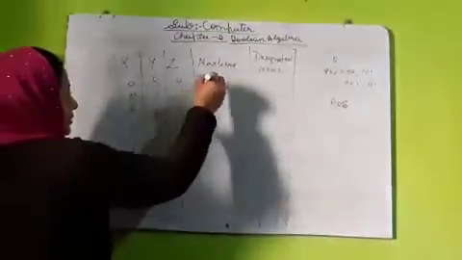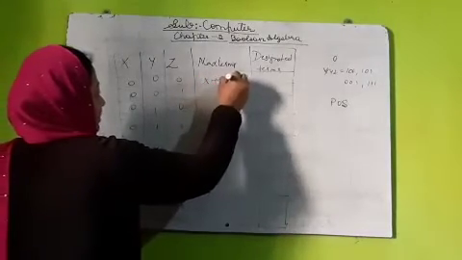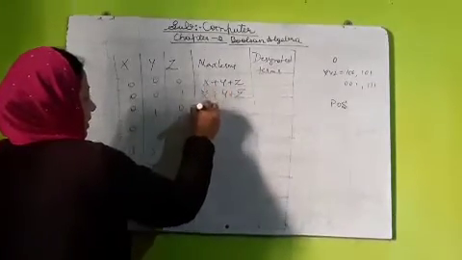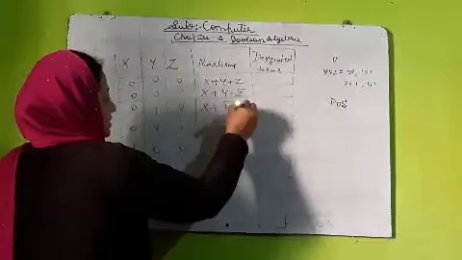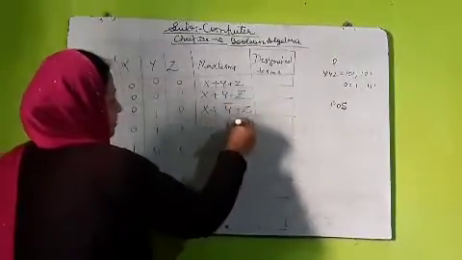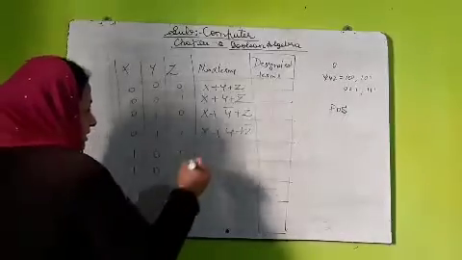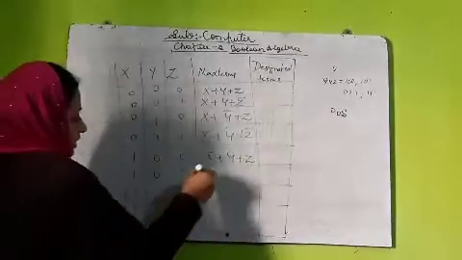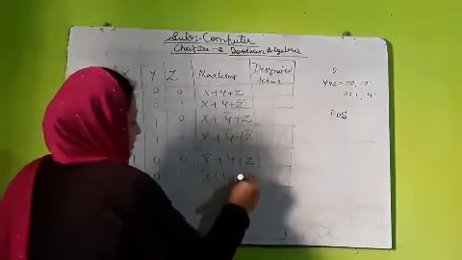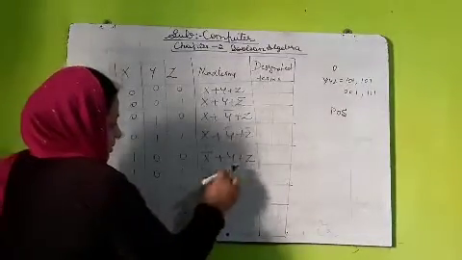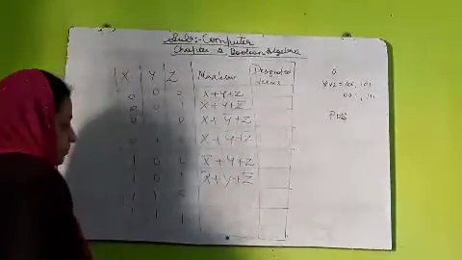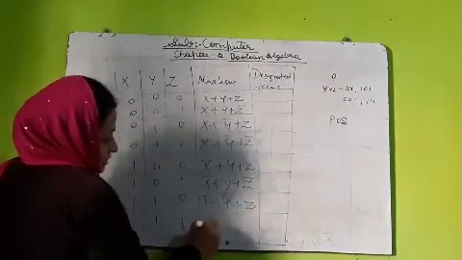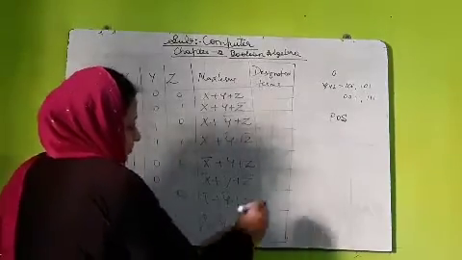Then the max terms will be x plus y plus z, x plus y plus z bar, x plus y bar plus z, x plus y bar plus z bar, x bar plus y plus z, x bar plus y plus z bar, x bar plus y bar plus z, x bar plus y bar plus z bar.